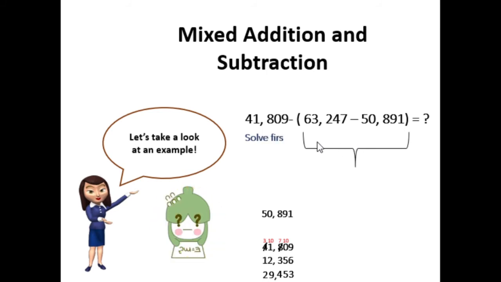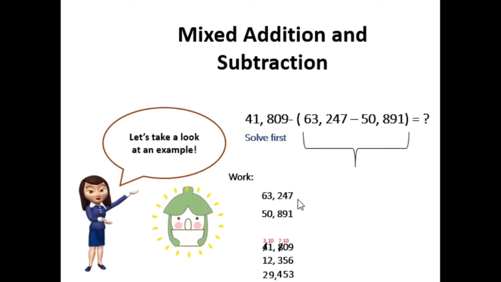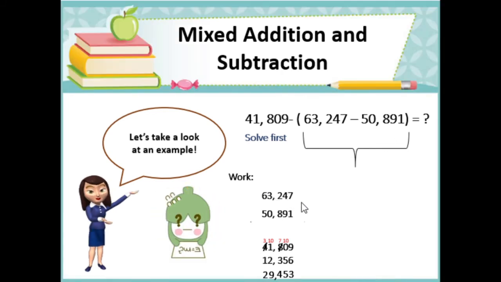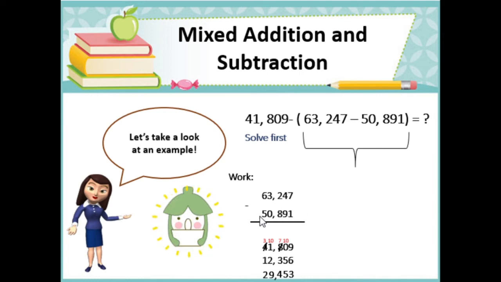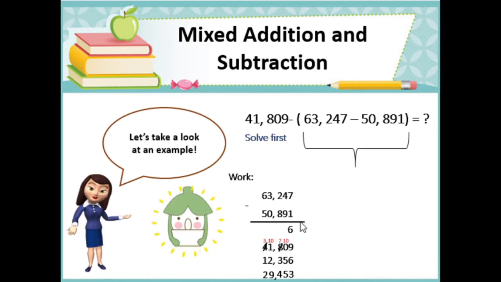Solve first. Inside the parentheses or the brackets, we get 63,247 minus 50,891. 7 minus 1 equals 6.